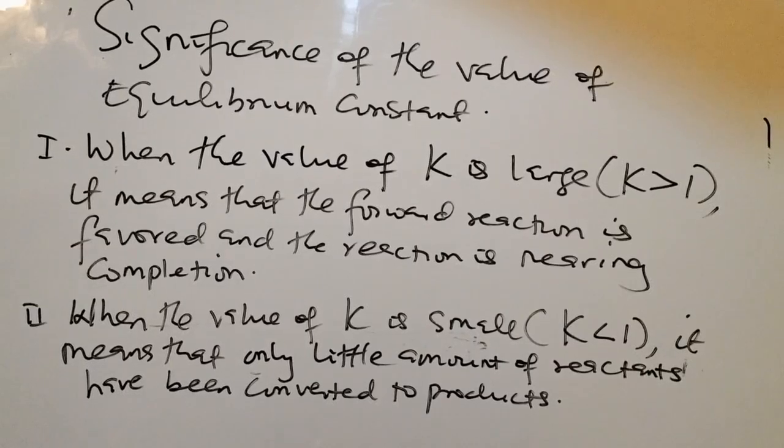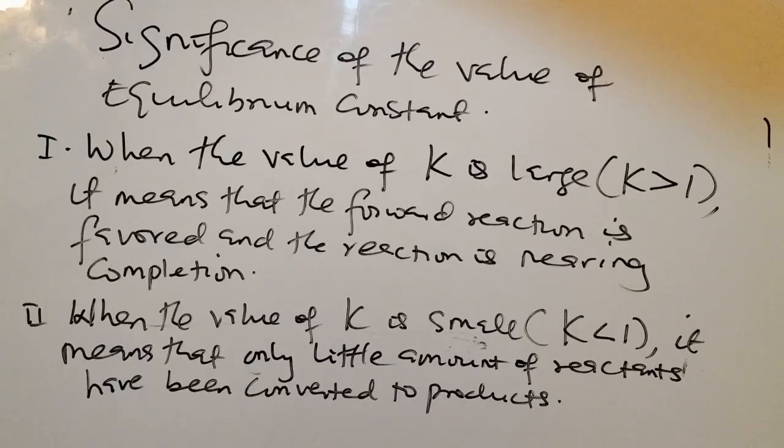Now we'll look at the significance of the value of the equilibrium constant. What does it mean when the value of K is large or when the value of K is small? Number one, when the value of K is large, that's when K is more than one, it means that the forward reaction is favored and the reaction is nearing completion.